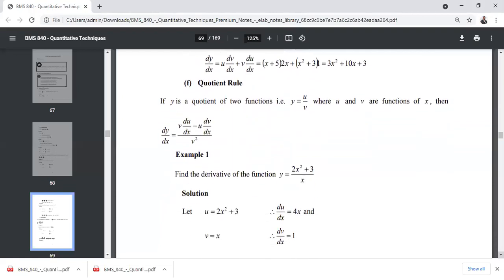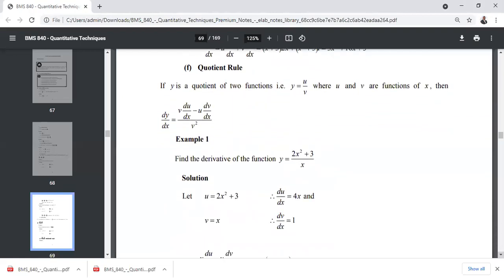That was product rule. So our quotient rule is that rule for division. So if y is a quotient of two functions, and these functions are u and v, again, our u is the f of x, and our v is the g of x.